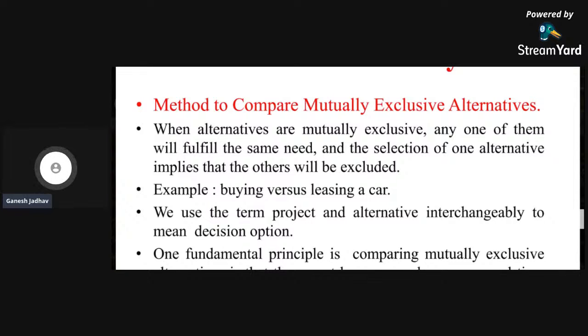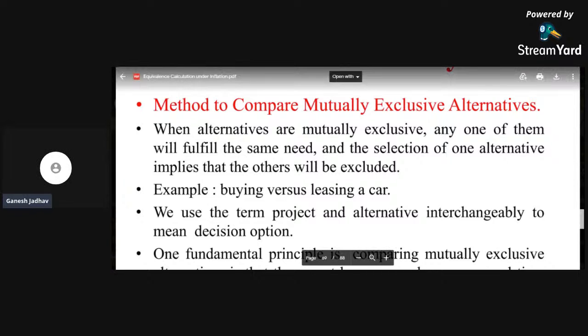An example of mutually exclusive alternatives is buying versus leasing a car. There are two options, one is buying and the other is leasing a car. So this is the example of mutually exclusive.